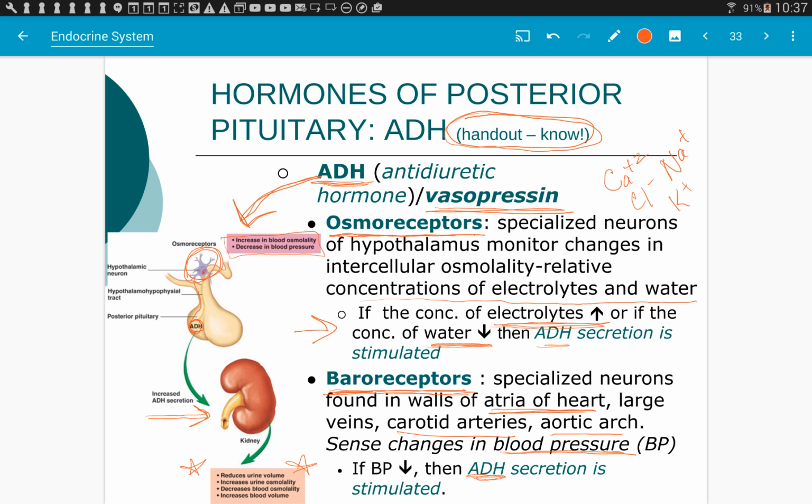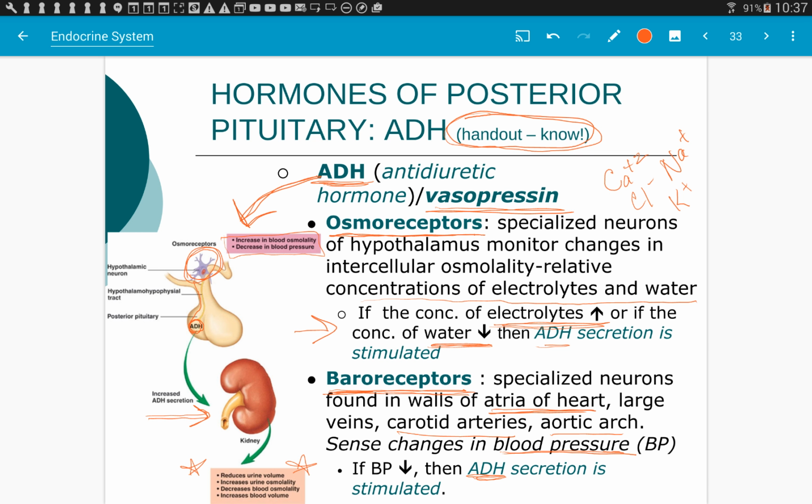And so by decreasing blood osmolality, it can do that by excreting extra ions. Okay. And it can also increase blood volume. And so the way it helps increase blood volume is it's conserving water in the kidney. You're excreting concentrated urine instead of large volumes of dilute urine. So that water you've saved goes back into the bloodstream, and that increases your blood volume.